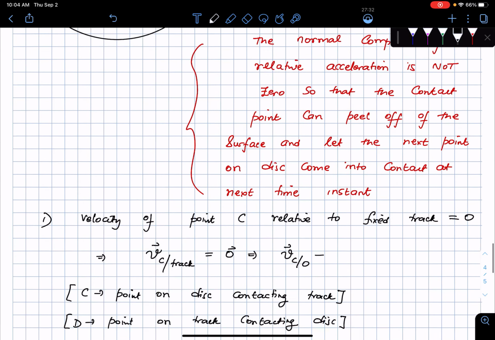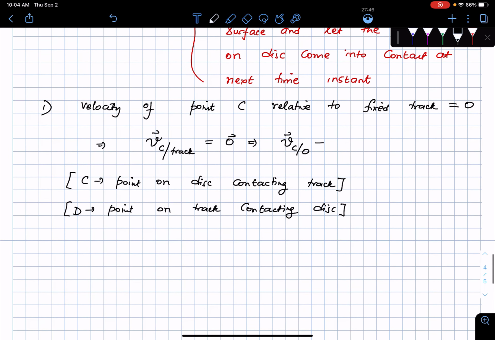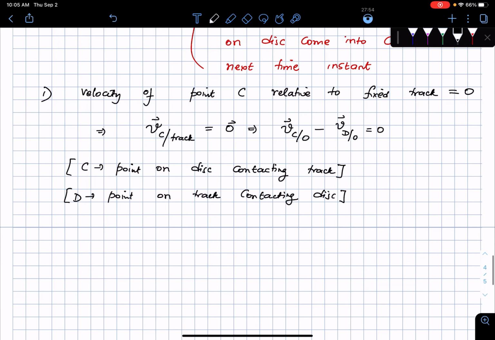Okay, so let's call this point D. So C is a point on the disk, D is a point on the track. At that instant in time, the relative velocity between C and D is 0. Okay, so this essentially means that the velocity of C with respect to a fixed observer minus the velocity of D with respect to a fixed observer is 0. Okay, D is a point on a fixed track.